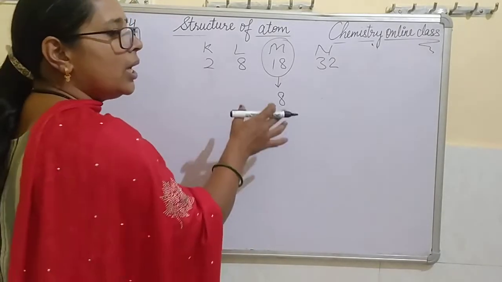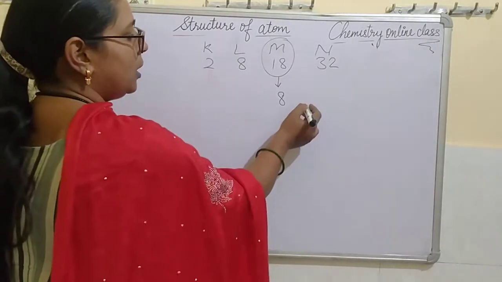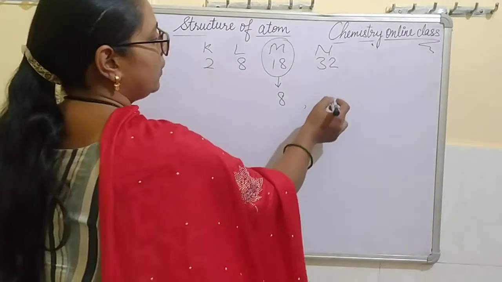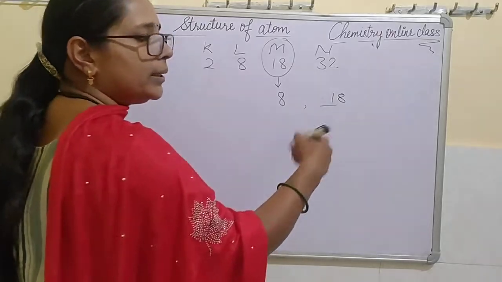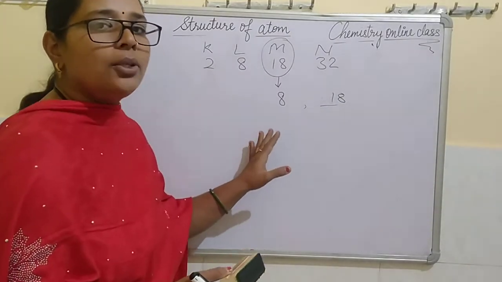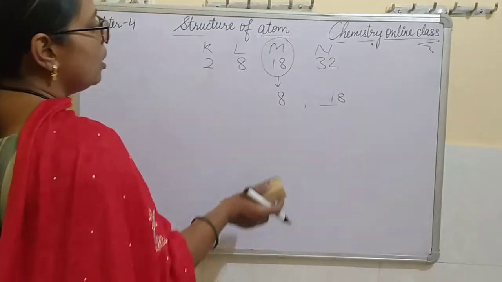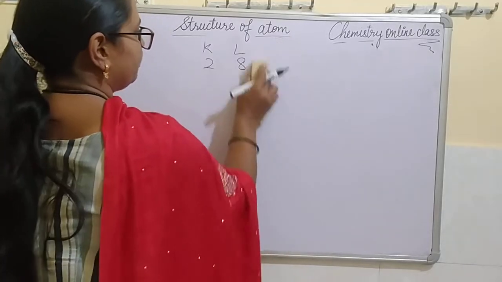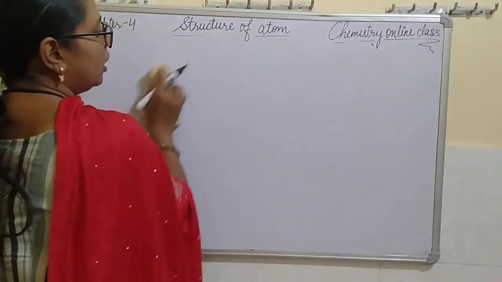So this is the exceptional case, and then we will move on further to the N shell, and we will fill 18 here, and then we will move on. This is the main exception, and you have to keep it in mind while you are filling electrons for numbers greater than 10 or 18.